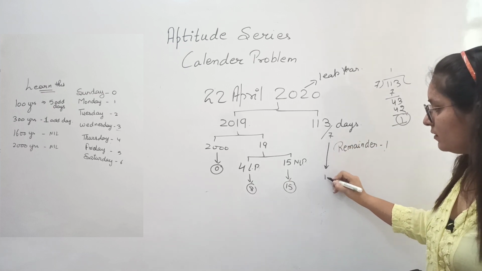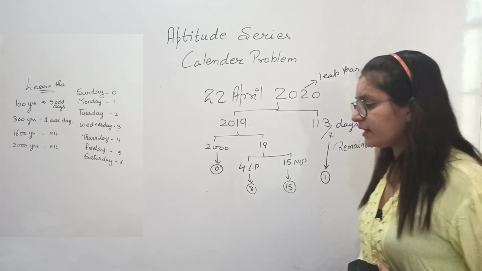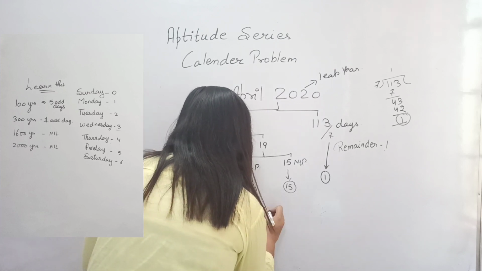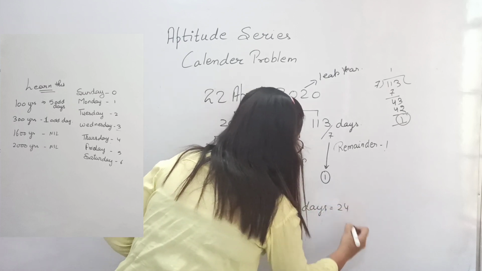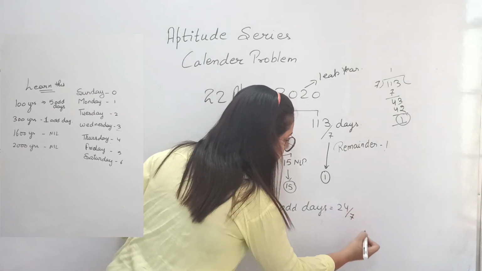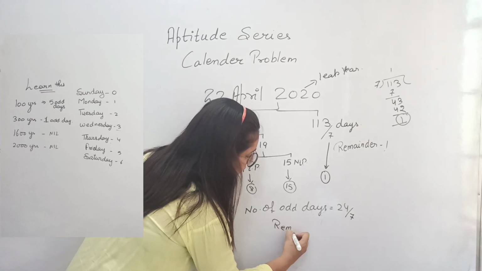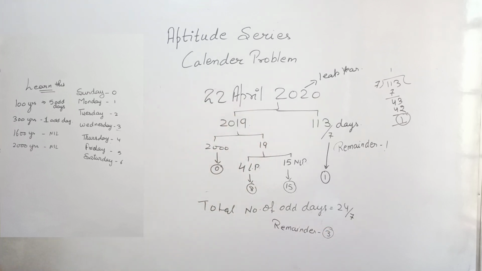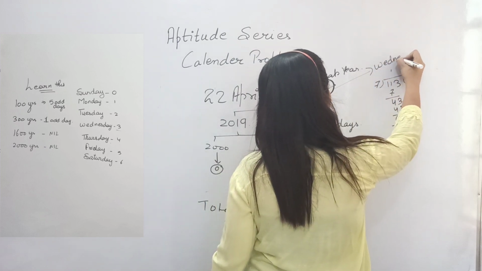So 1. Now total number of odd days is 24. Now I divide 24 by 7 to convert into weeks. Again I get remainder 3. So 3 means Wednesday. So today is Wednesday.